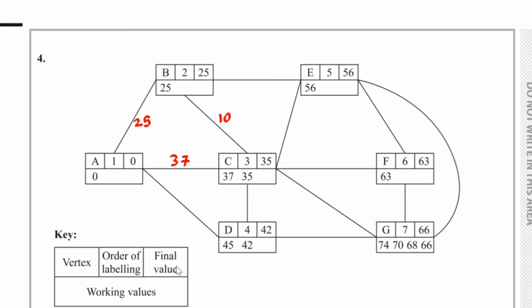And here, from 0 to give the 45, I must have had 45, but then it was replaced, I got 42 in the end. From 35 to 42, I have 7. Now, what else could we figure out from here?